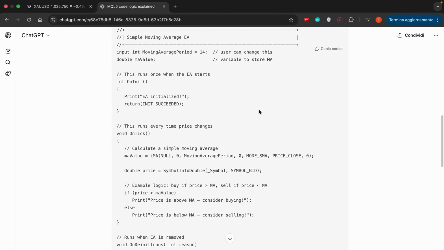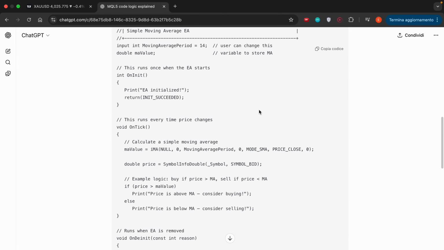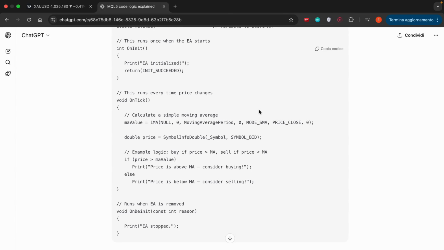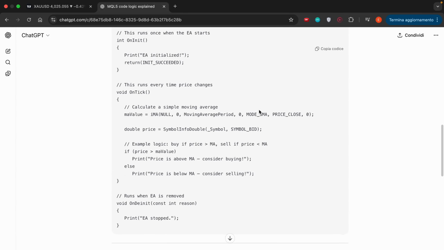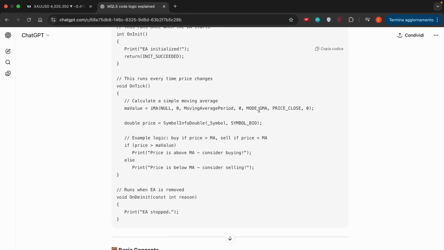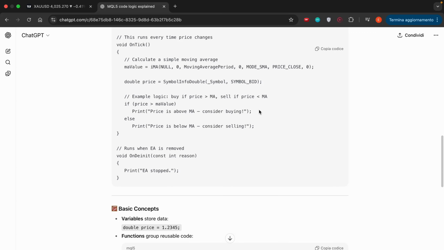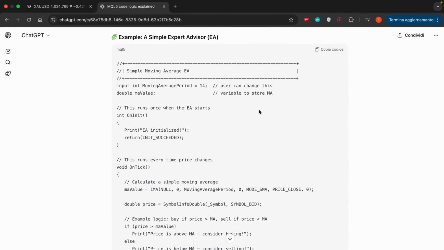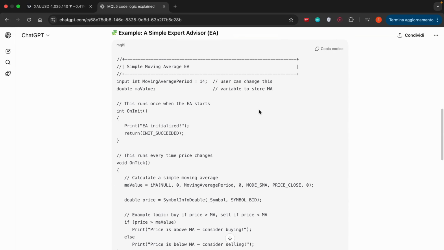Let's say the easiest one is Pine Script, because the same algo I showed you before with 1200 lines was only 60 lines on Pine Script, way easier, but of course not as sophisticated as this one. This is the basic EA, so a simple expert advisor.